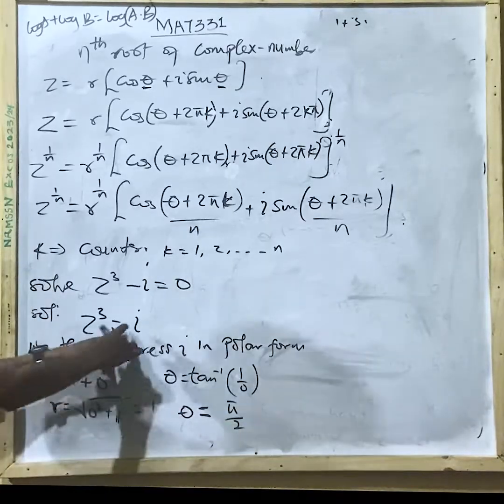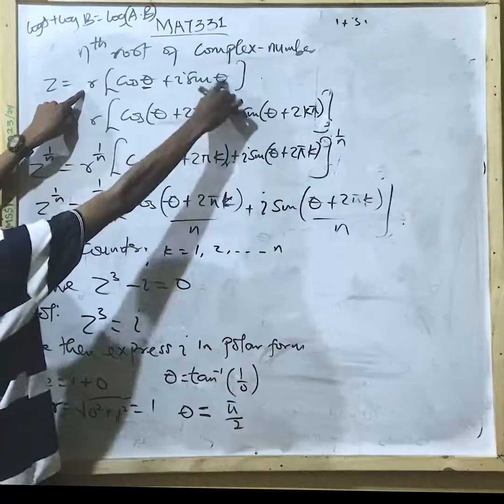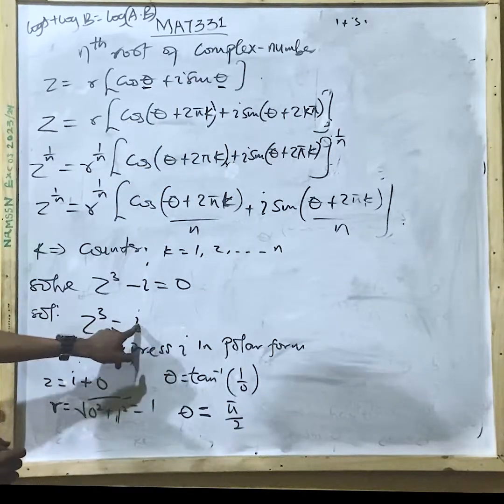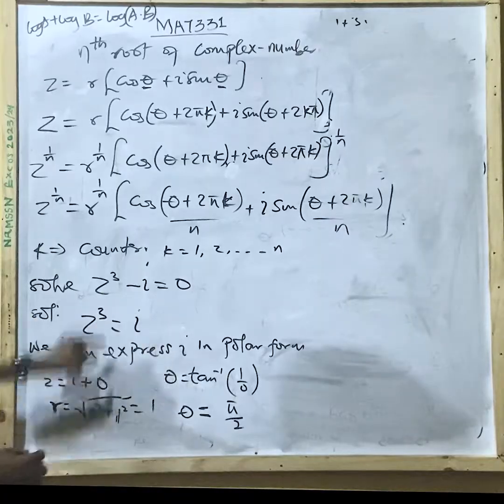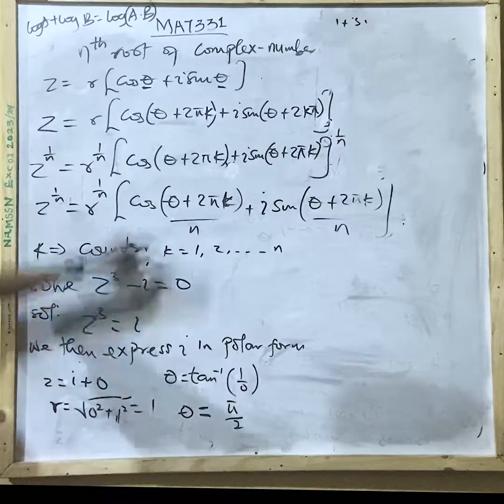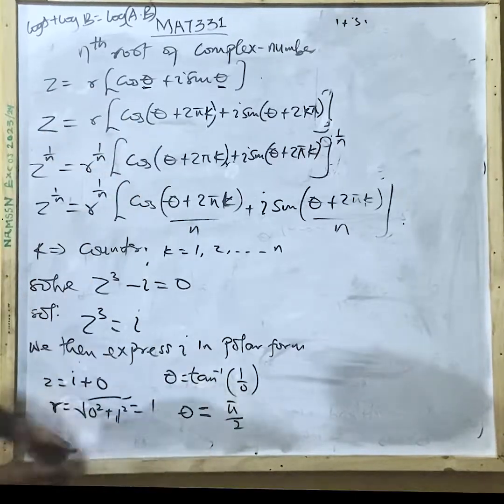So if I now express this i in polar form, don't forget this is where we are coming from: z raised to power 3 equals i. So I will express this i as r cos theta plus i sin theta, where my r is 1 and my theta is pi over 2.